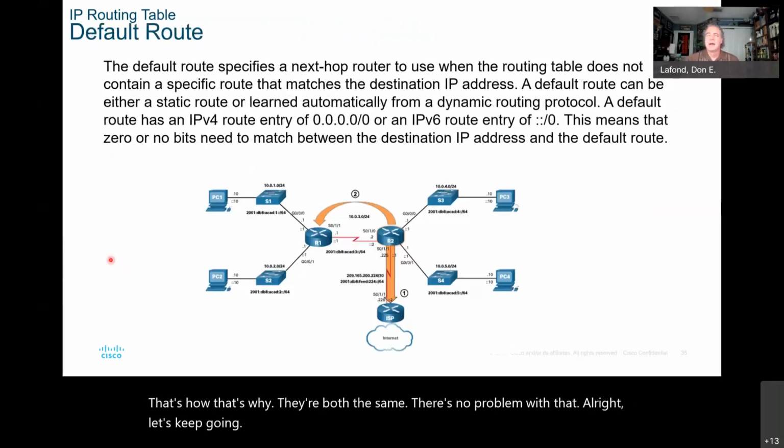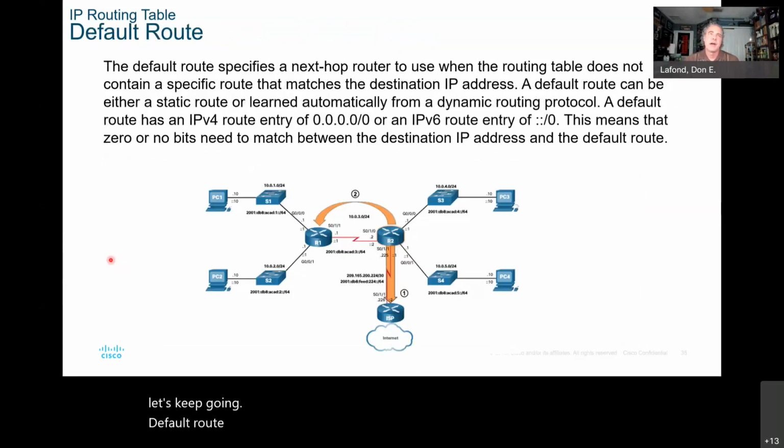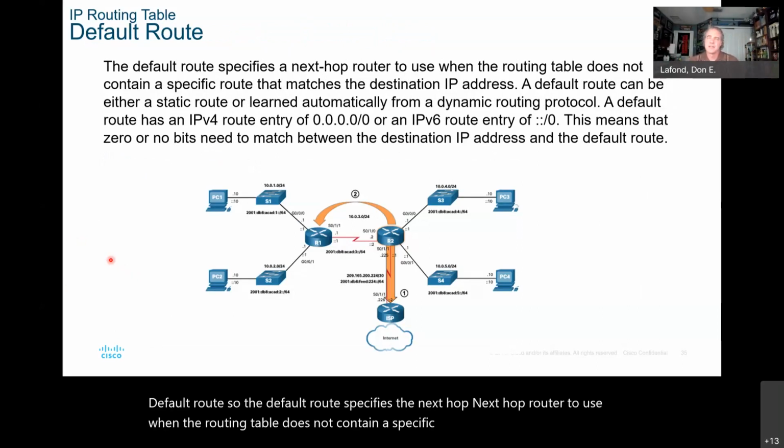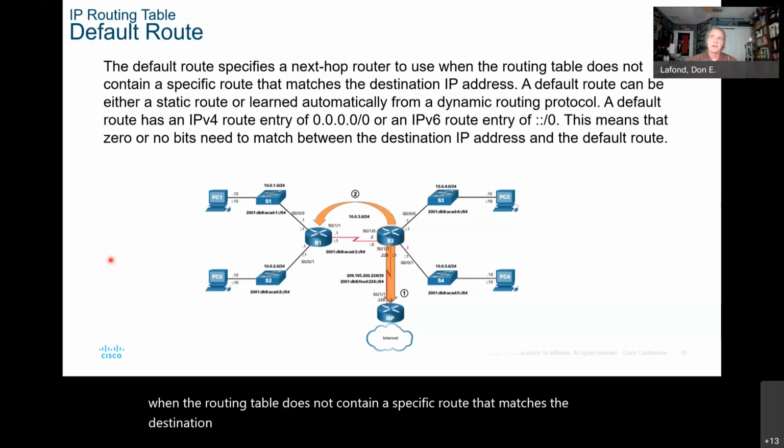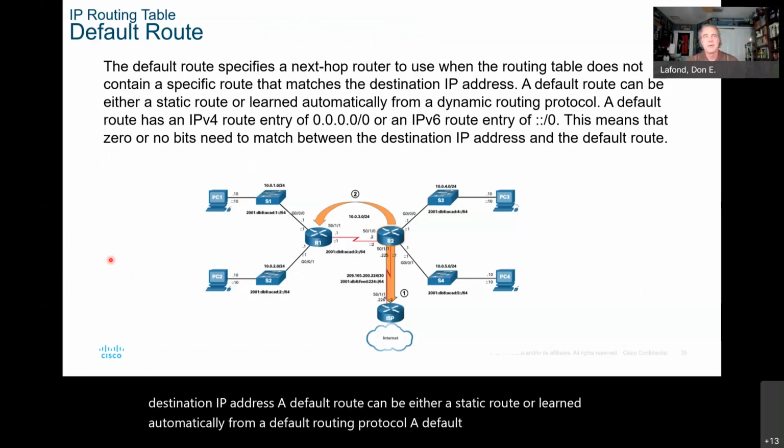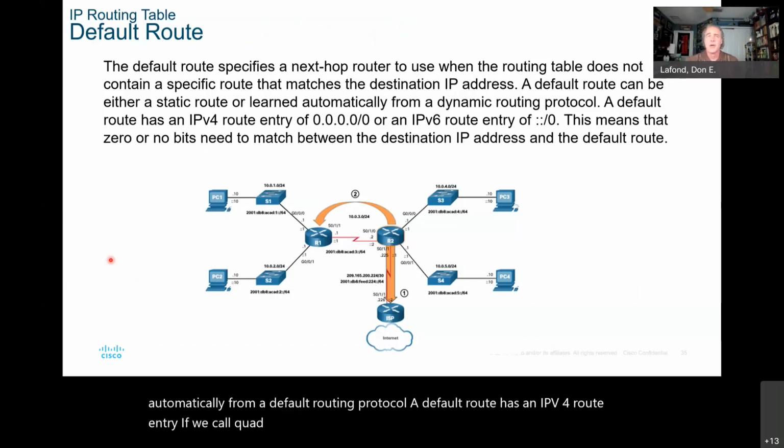Default route. So the default route specifies a next hop router to use when the routing table does not contain a specific route that matches the destination IP address. A default route can be either a static route or learned automatically from a default routing protocol. A default route has an IPv4 route entry of what we call quad zeros, all zeros, or an IPv6 routing entry of ::/0.